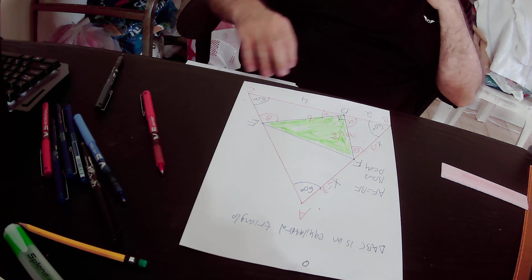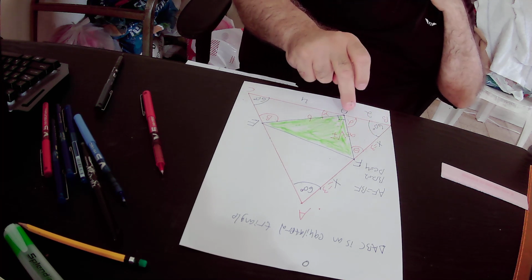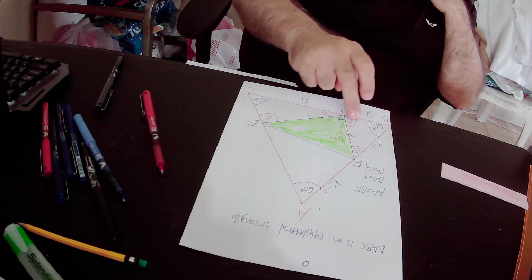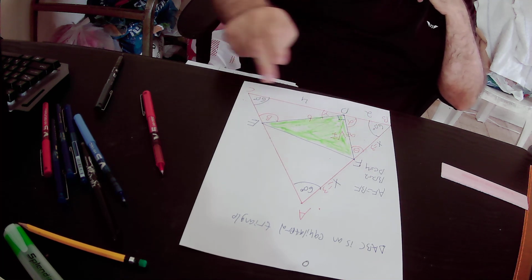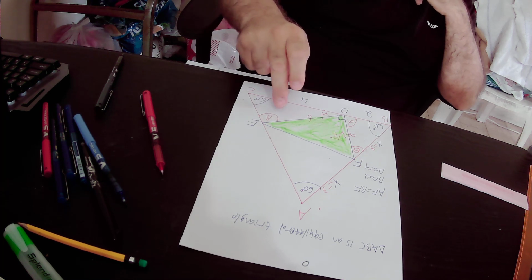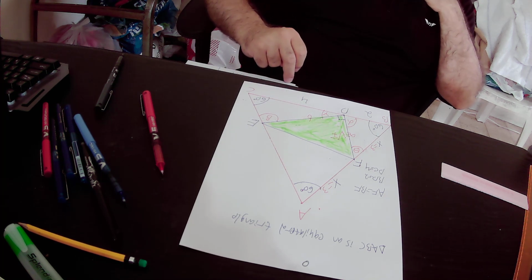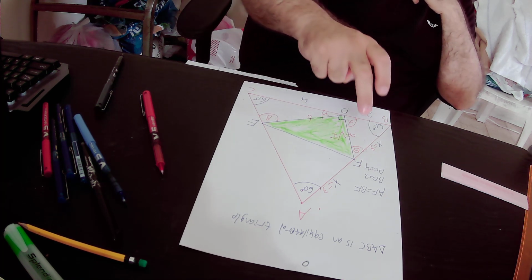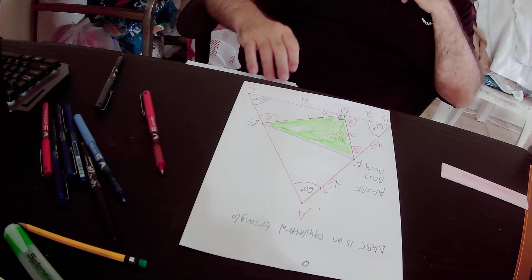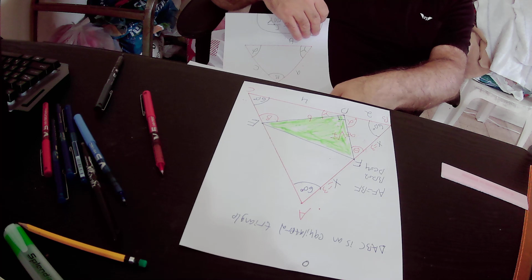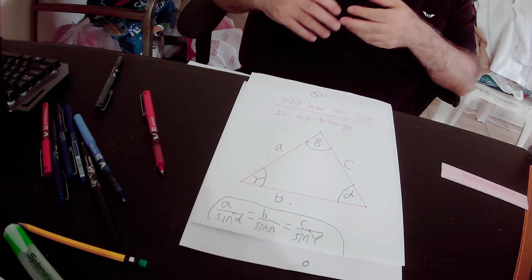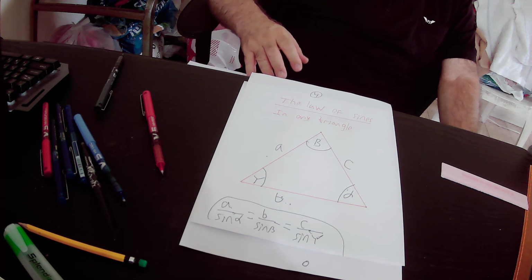Then we defined angle BFD as theta, angle BDF as alpha, angle EDC as gamma, and angle DEC as beta. And we found the value of sine theta according to the law of sines. What is the law of sines? The law of sines applies to any triangle.